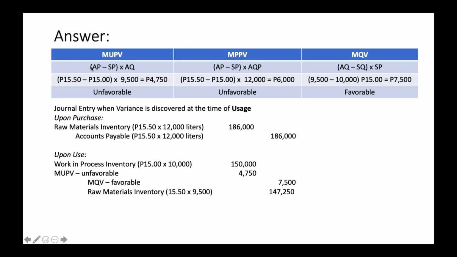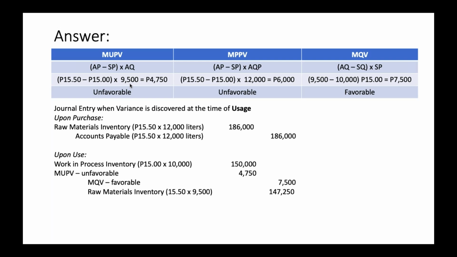So the formula for material usage price variance is actual price minus standard price times the actual quantity. The actual price is 15.50 and the standard price is 15 pesos. Multiplied by the actual quantity of 9,500, actual quantity used is 9,500.